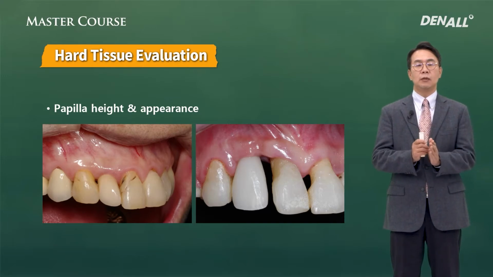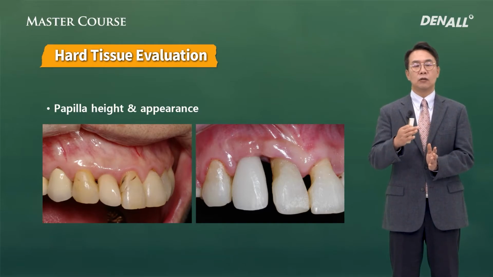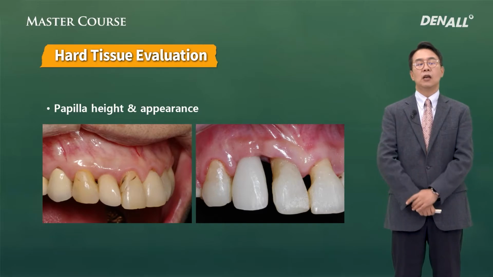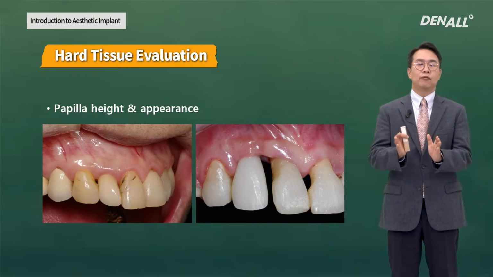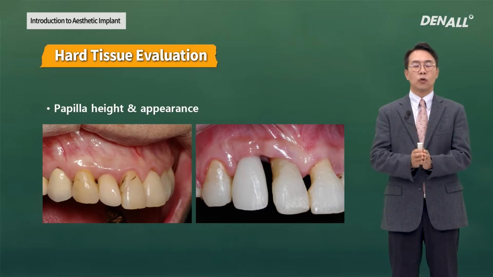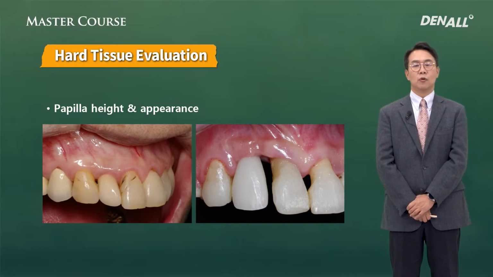In the left, there's a small exposure of interproximal area, but hard tissue and soft tissue is in harmony with adjacent teeth. In the future, you need to think about how to explain this to the patient. So, most importantly, you need to evaluate it before surgery.